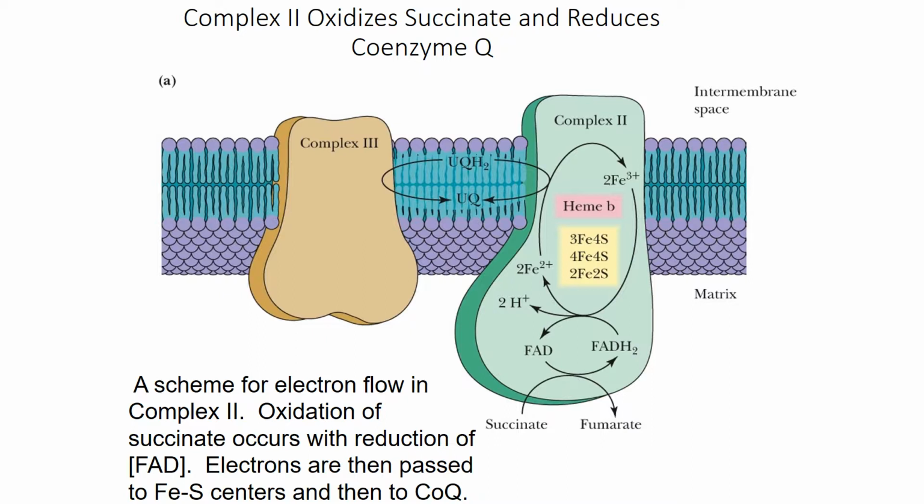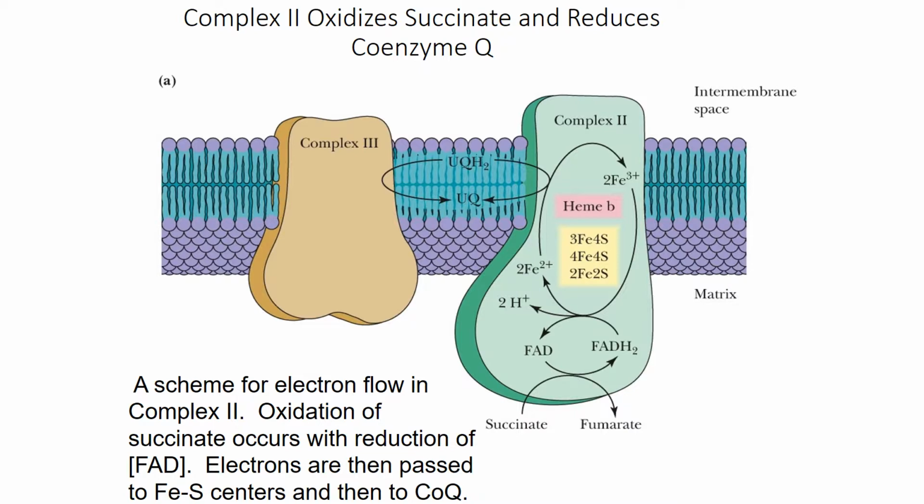It does not contribute to the proton gradient, so it doesn't directly contribute to the free energy of its oxidation-reduction to ATP synthesis, but it does feed reduced ubiquinol into the electron transport chain. This is the only citric acid cycle enzyme that is an integral membrane protein in the inner mitochondrial membrane.